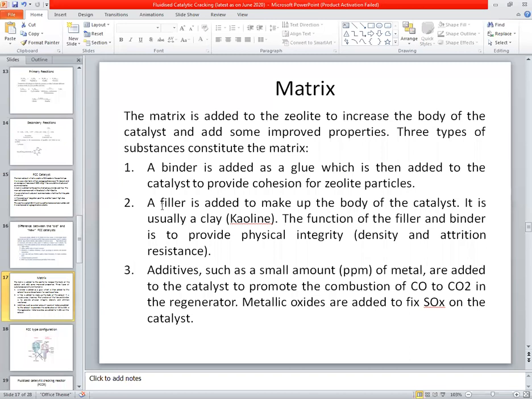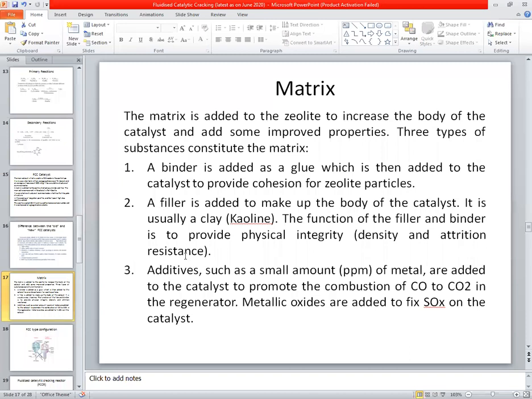Filler is a low cost material such as kaolin, a clay type of filler. This is used to make up the body of the catalyst, because normally zeolite particles cannot form it alone, so filler is used to make the shape of the catalyst body very smooth.